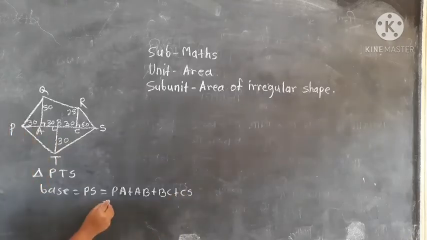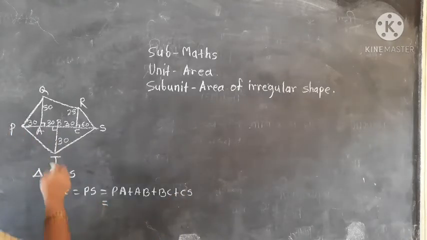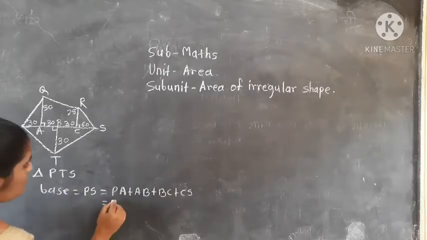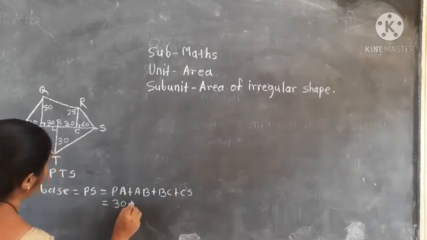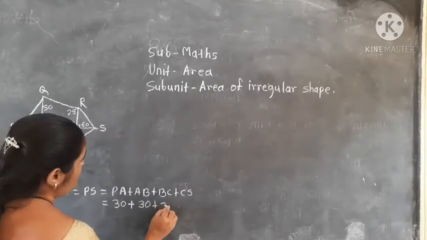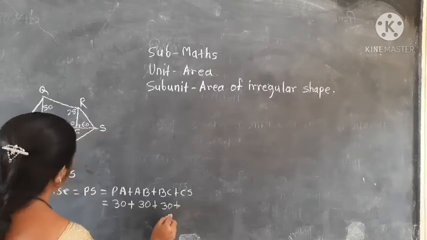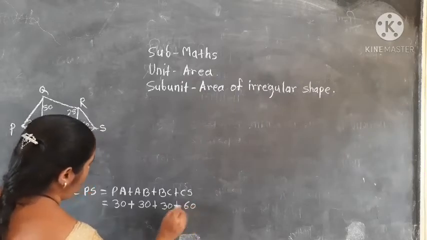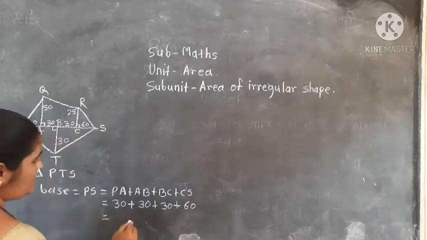All these segments make the segment PS. Let's add the values. PA is 30, AB is also 30 meter, BC is also 30 meter, and the measurement of CS is 60 meter. Okay, calculate this.